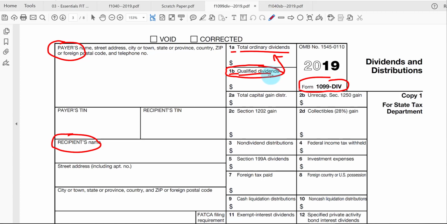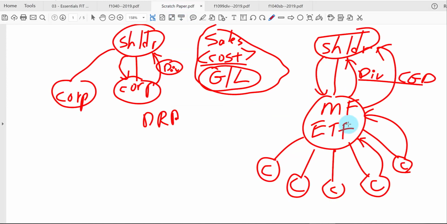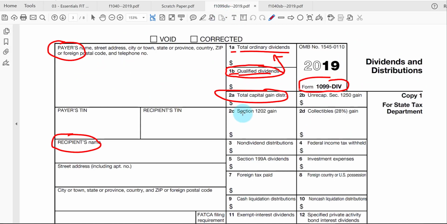Another box you need to be aware of is this one here in line 2A. Remember that capital gain distribution I talked about? If the underlying mutual fund or traded fund sells the stock, that gain is going to be distributed back to the shareholder. So that's reported here in box 2A. Sometimes the corporation may pay out dividends that are not going to be taxable to the shareholder.